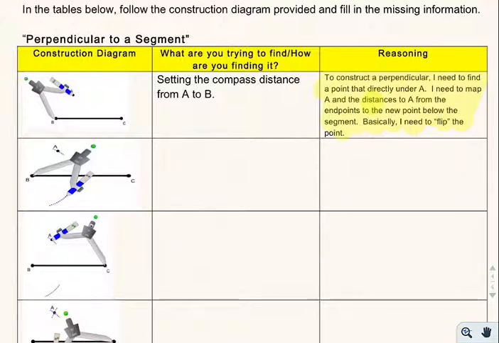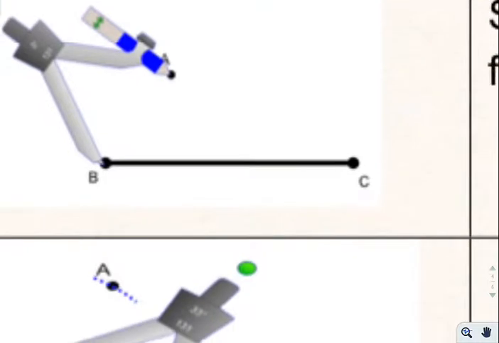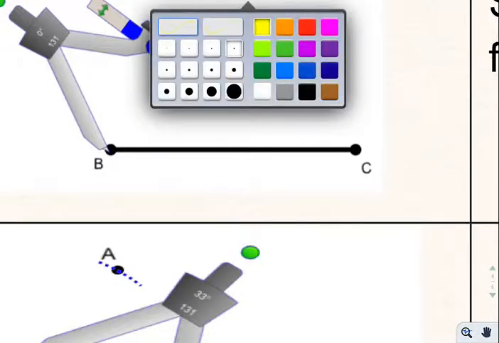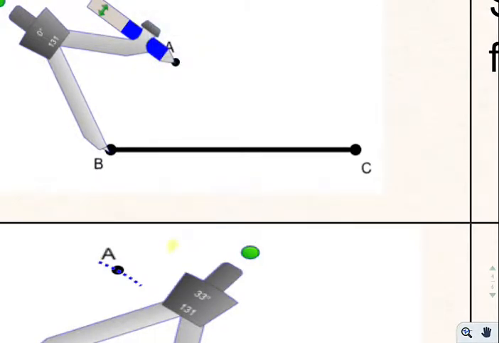In other words, I just need to flip over this point. So I know A has got to be like some point right there. What that really means is I need to find this distance and transfer it, and then find this distance and transfer it, which is what I mean by flip.